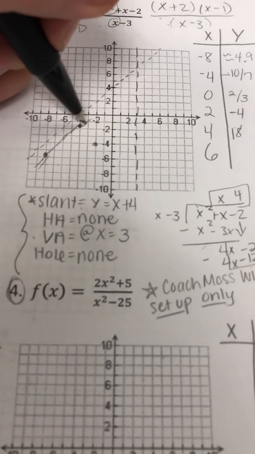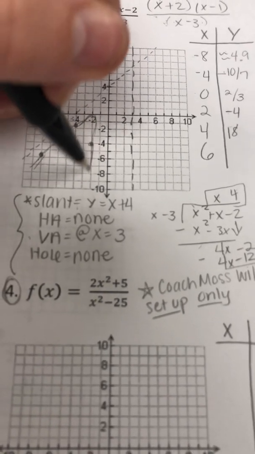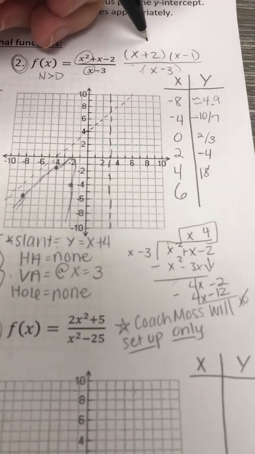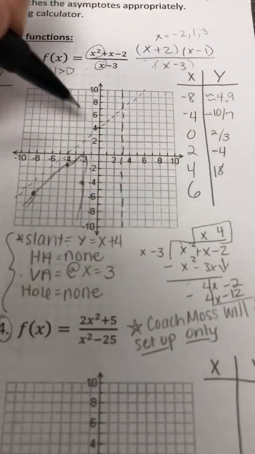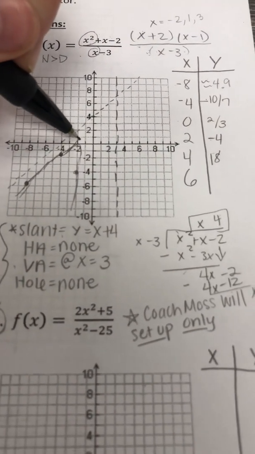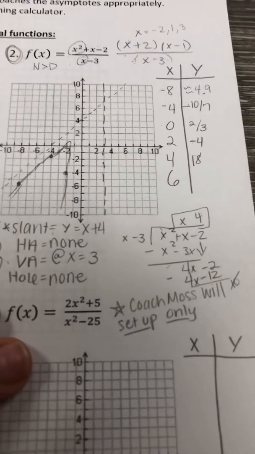I also know that it touches the x-axis at -2. Obviously we have that here, because it should cross at -2, 1, 3. So I am going to just have it touch. Granted, it should probably go through, but it doesn't have to be exactly perfect.